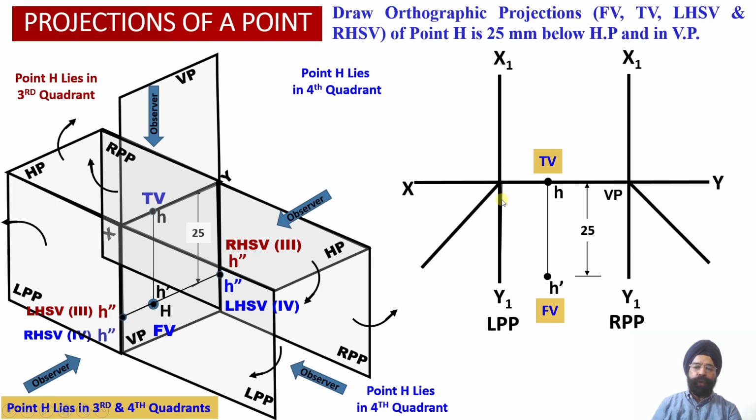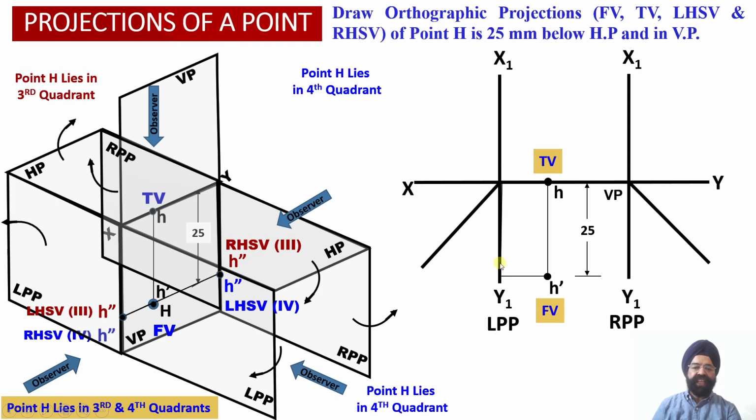Now up to a distance of 25 millimeter we have to extend this line, and then from this particular point H dash, we have to draw a horizontal projector line into the left profile plane. Wherever this horizontal projector line drawn through point H dash intersects with this vertical projector line, which is coinciding with the vertical plane into the left profile plane, you can check this vertical projector line is lying into the vertical plane and into the left profile plane as well.